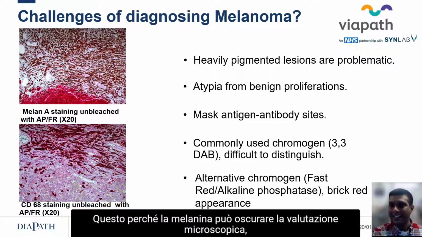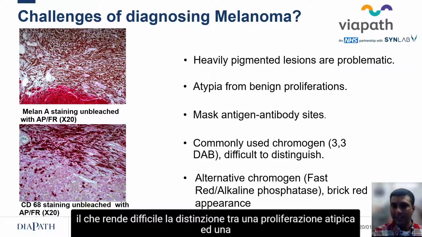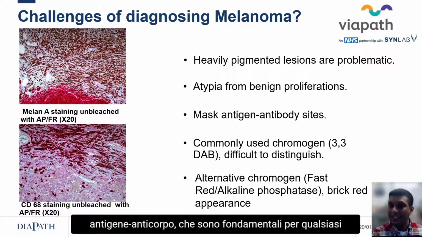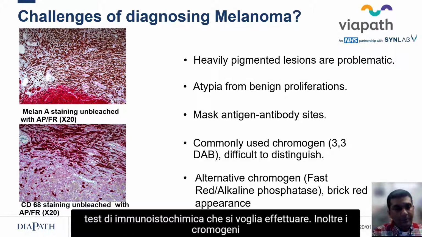This is because the melanin can obscure the microscopic evaluation, which makes it difficult to distinguish atypia from benign proliferation. As well as that, it masks antigen antibody binding sites, which are key for any immunohistochemical testing you want to perform.